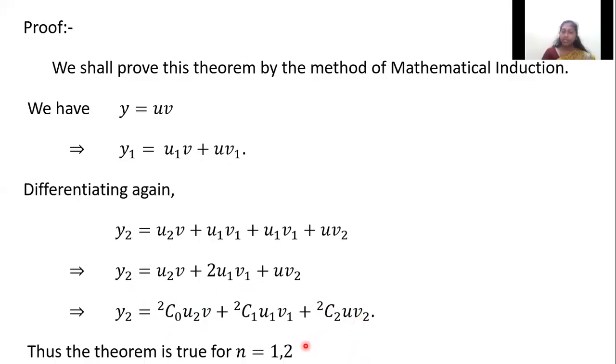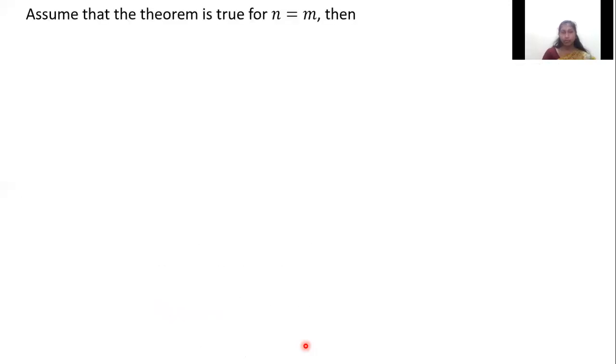Thus we can say that the theorem is true for n equal to 1 as well as n equal to 2. Now, assume that the theorem is true for n equal to m.